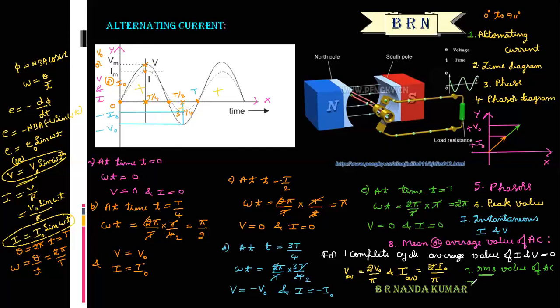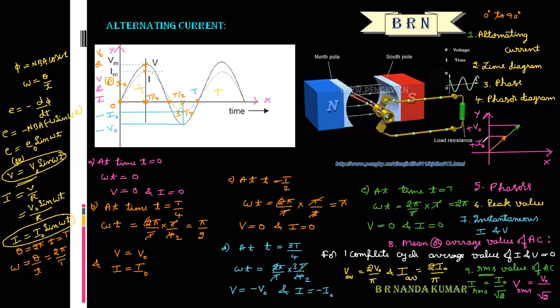So RMS value of alternating current, mathematical expression is I naught divided by root 2, and the RMS value of voltage is V naught divided by root 2. So these are some very, very important terms connected with alternating current.